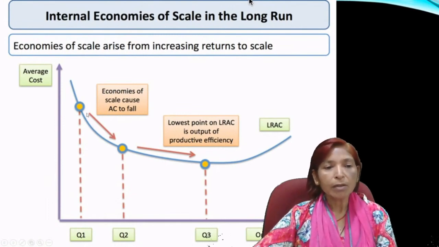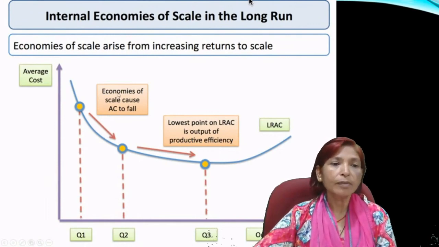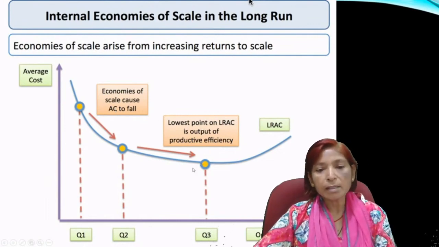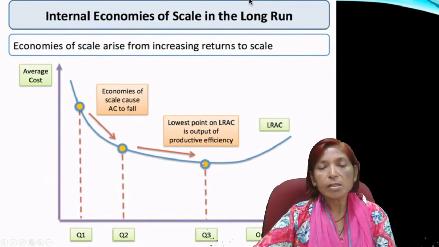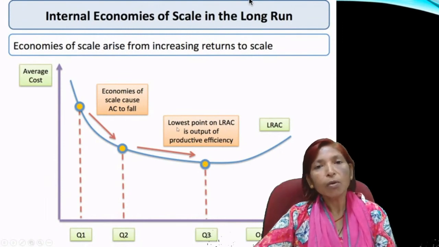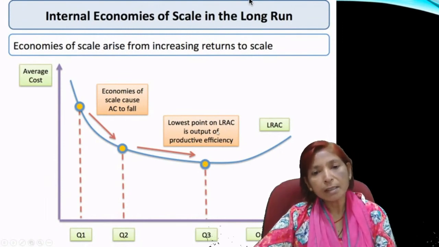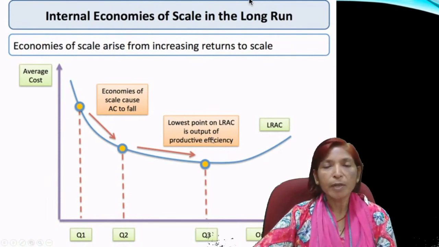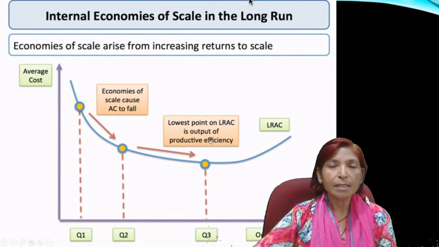So in the beginning, cost is decreasing. Why is this cost decreasing? Due to the applicability of economies of scale. And at this Q3 point, where cost is minimum, this is the lowest point on LRAC, when output is efficiently produced, cost is minimized and production is maximized.